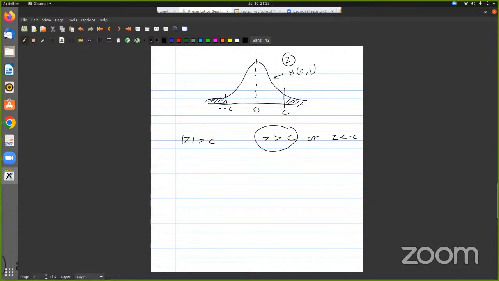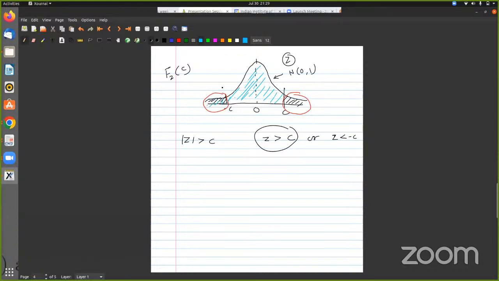So this is c, this is minus c, and since it is symmetric, this area and this area are equal. What is Fz of c? The entire portion up to c.